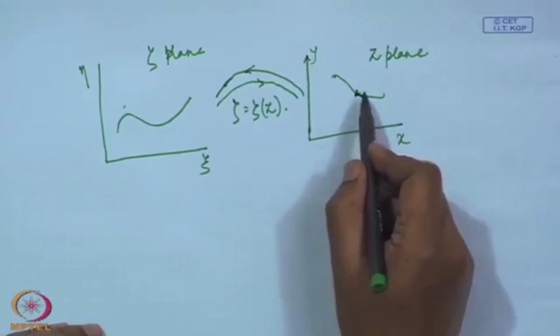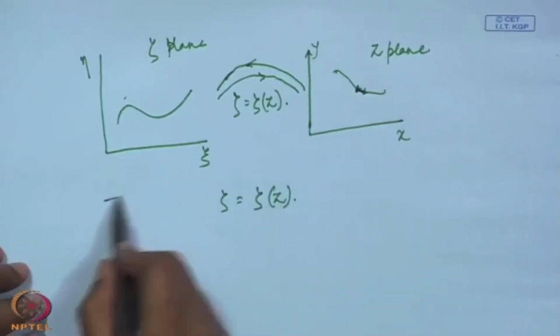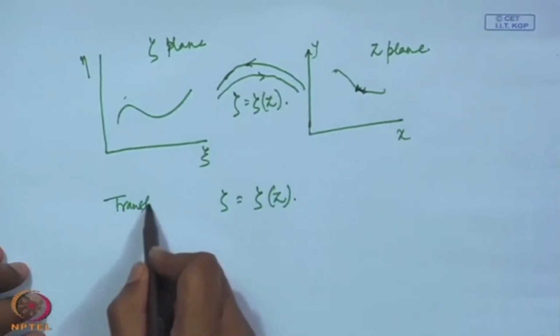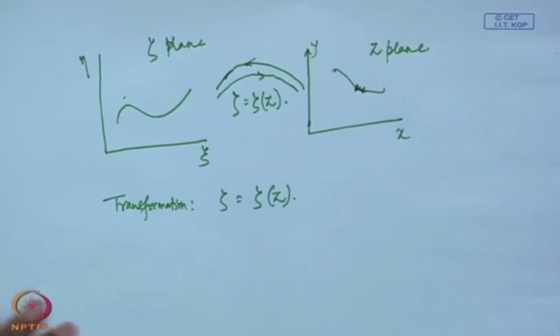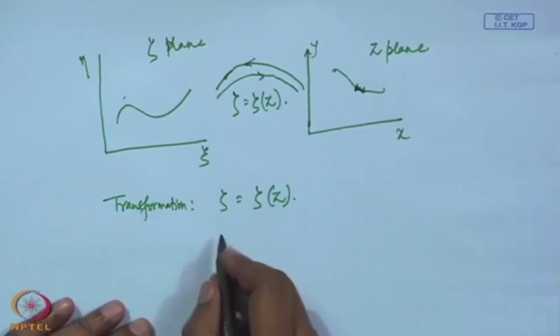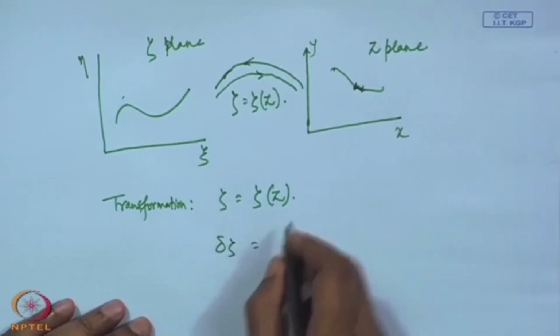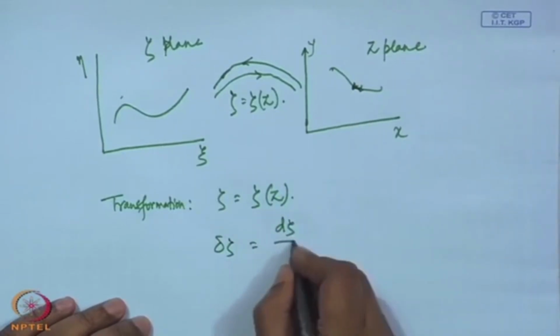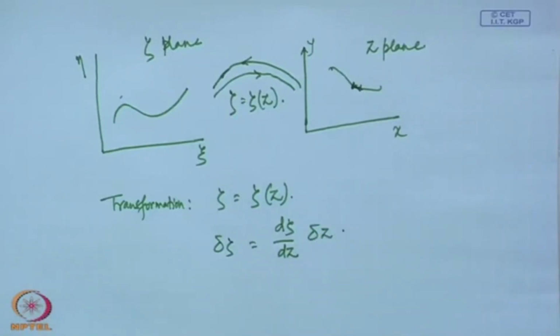This small segment we can call delta z. What will happen to it in the zeta plane? Now, this transformation implies that delta zeta equals d zeta dz into delta z, fine.